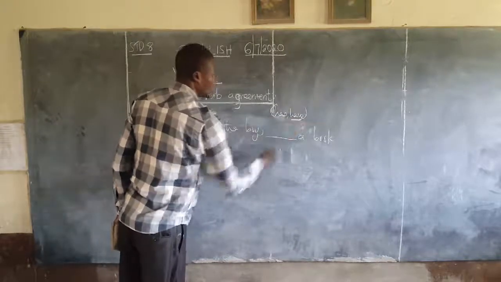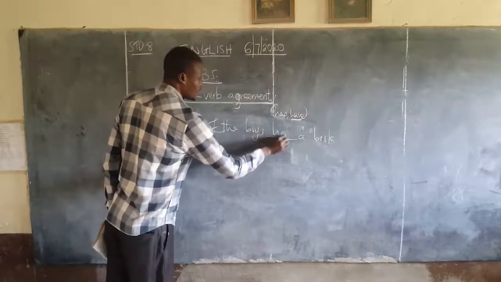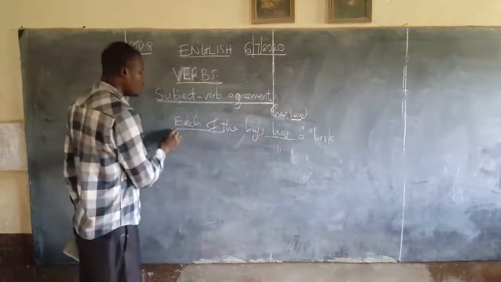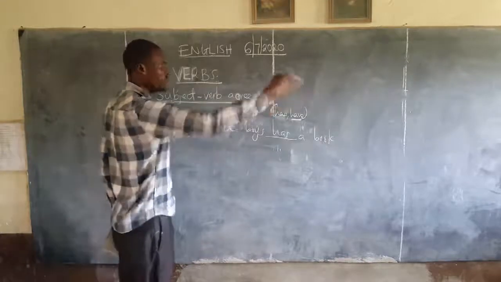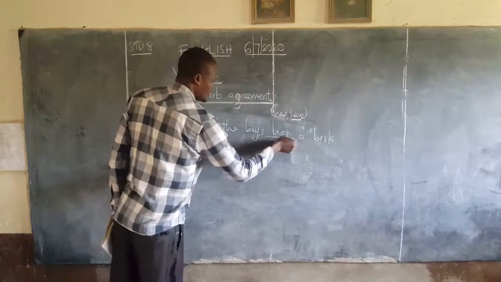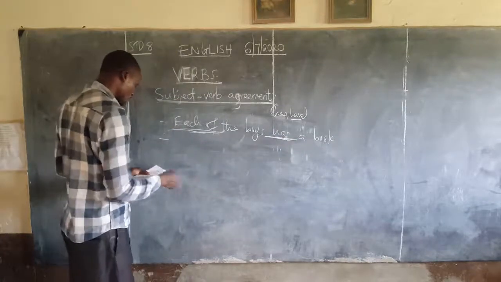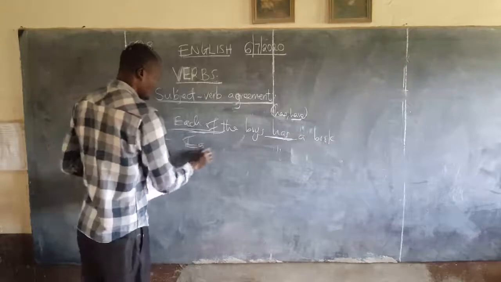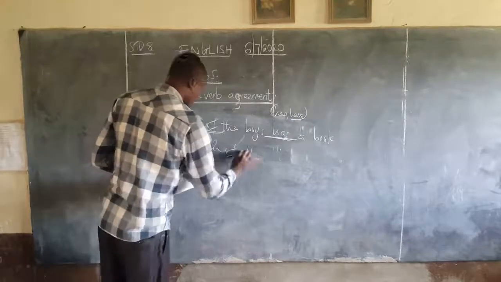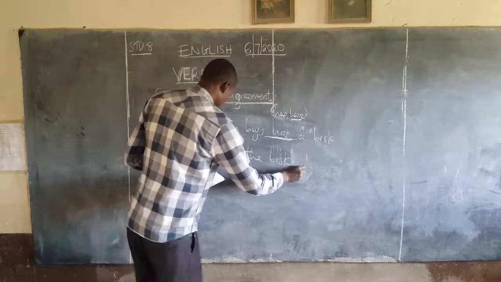Many of you will come and take have, that is wrong. Each of the boys has. Because we treat them individually, there are many, but each of them has a book. So has here, we take the singular verb in that level. And then we also have this, maybe each of the books dash been covered.